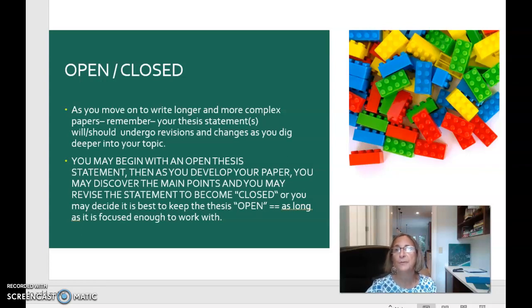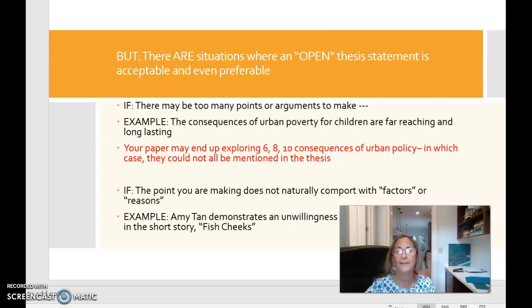But once you do your research and gather all your source material, you might be able to go back and revise it and make it closed. In other words, from all my research, I have found there are primary areas of focus, and I might want to revamp my thesis statement and make it a closed one and identify specific blueprint points.